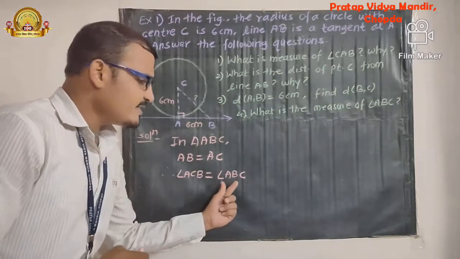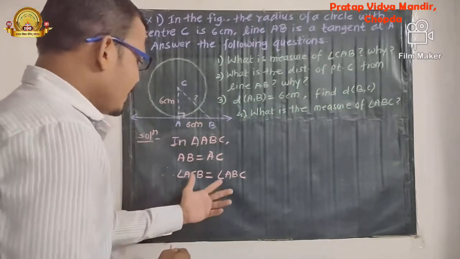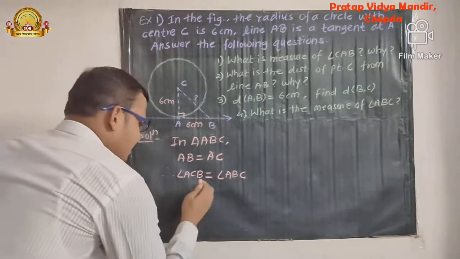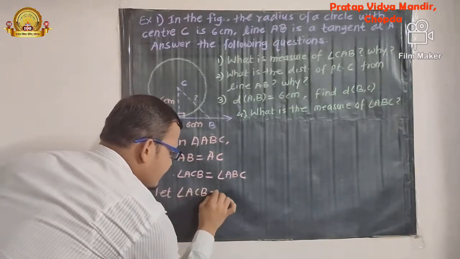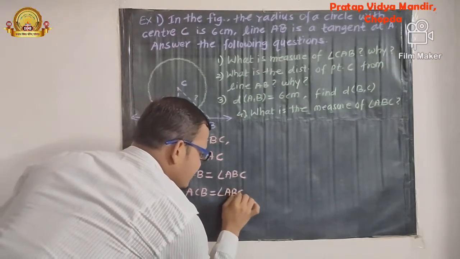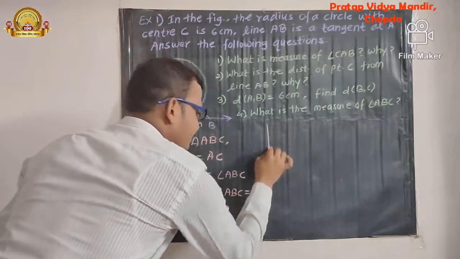Now to find this angle ABC, first we let these two angles be of measure x degrees. So let angle ACB equal angle ABC equal x degrees.